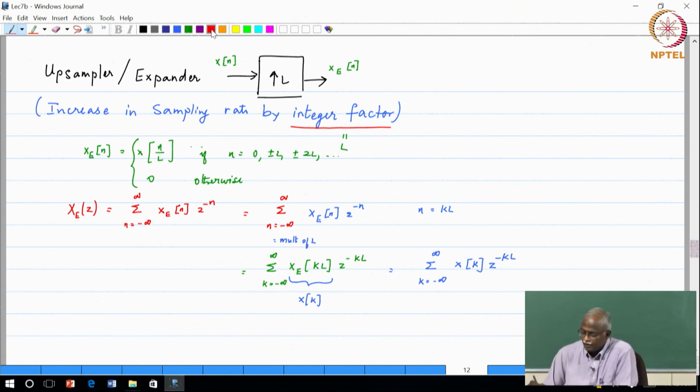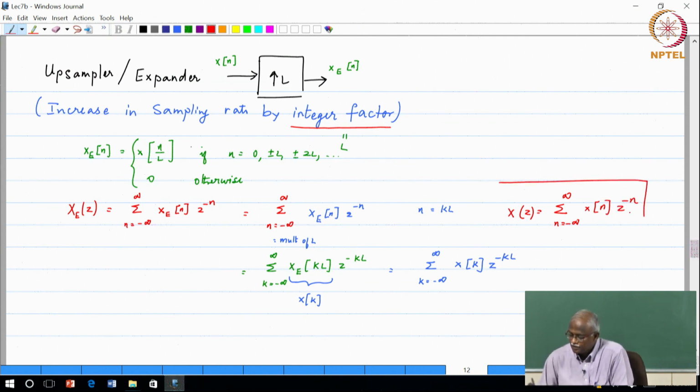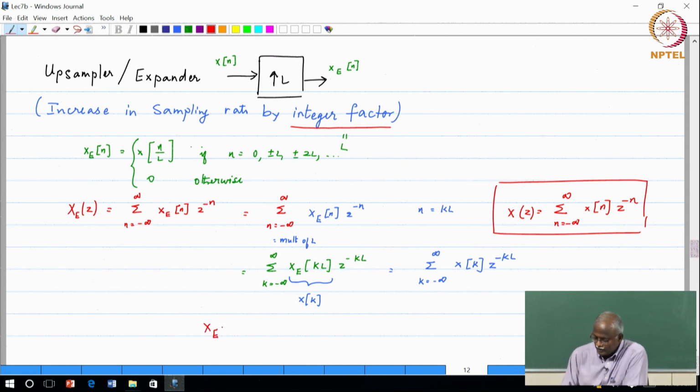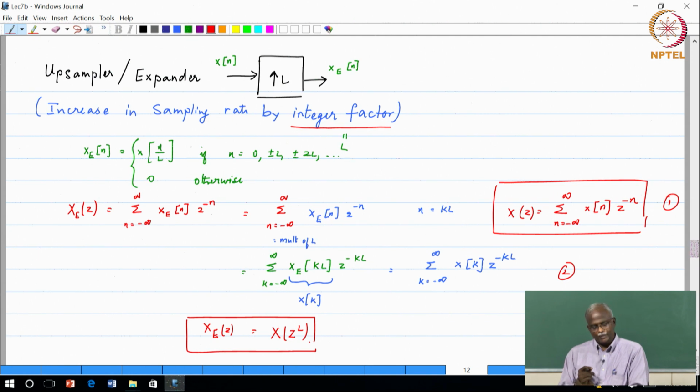And going back to our basic definition, X of z would be the summation n equal to minus infinity to infinity of x of n z power minus n. Given this, comparing expressions 1 and 2, we can now say that Xe of z is equal to X of z raised to the power L. Very compact expression.